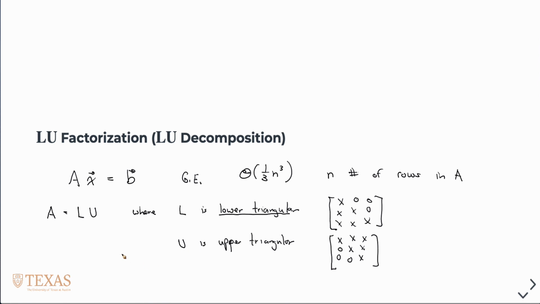So if we have this kind of decomposition, so again, A equals LU, we can plug LU into our equation. So then we'll have LU, the vector of unknowns X, the right-hand side vector B. And what we can do is then divide this into a two-step procedure. So what we're going to call U times X, we'll call Y. Okay, so then this equation will be LY equal to B, right?